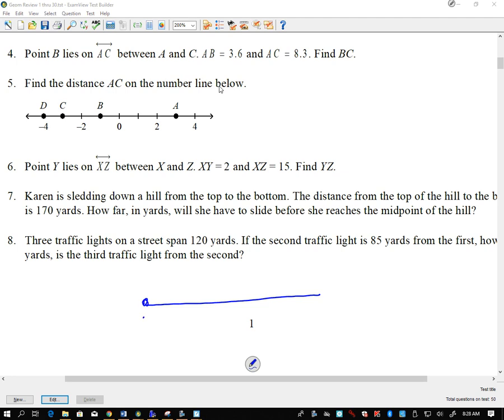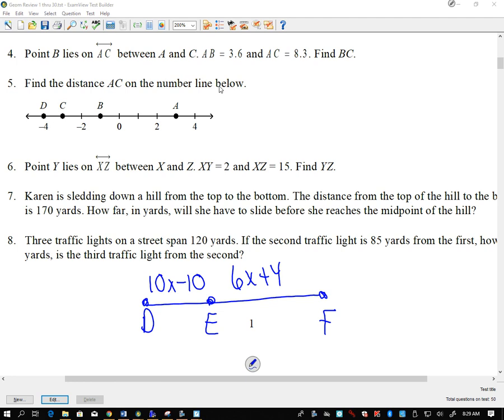So let's say we know this is D and this is F, and somewhere in between is E. I'm purposely not putting E in the middle so that you're not thinking that it's a midpoint. But if I knew that DE was 10x minus 10, and I knew that EF was 6x plus 4, and the question came down to me, what is DF?